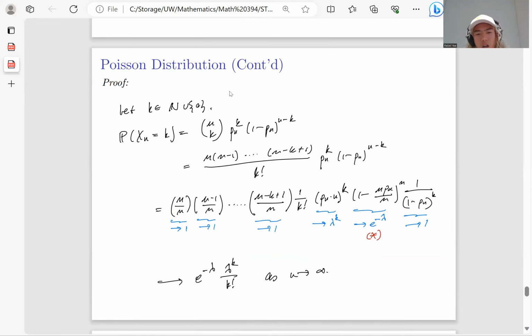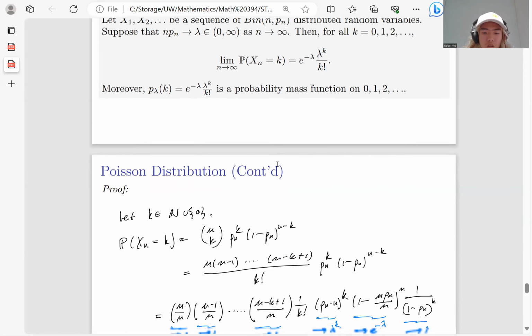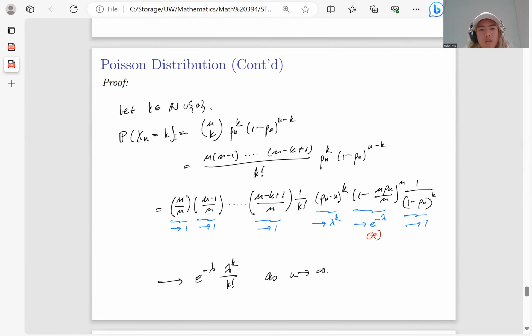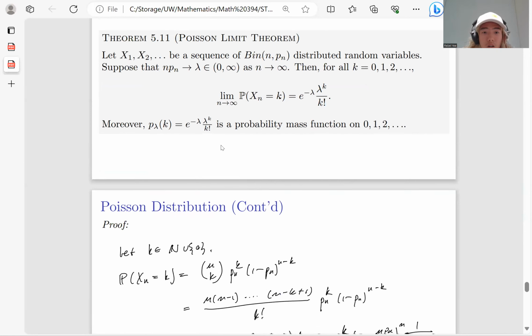Another thing is how we can prove that as n goes to infinity, this probability will converge to that expression. One common issue is that we let k equal the natural numbers union with 0, so this set is the non-negative integers. We include 0 because in the binomial distribution, k can equal 0, so we want to include this term.